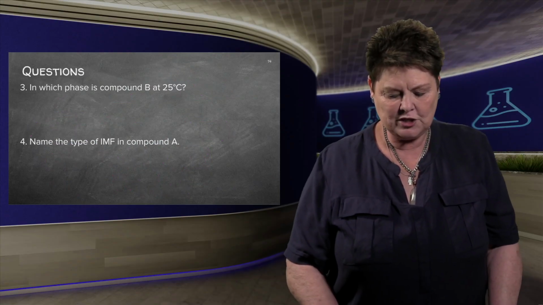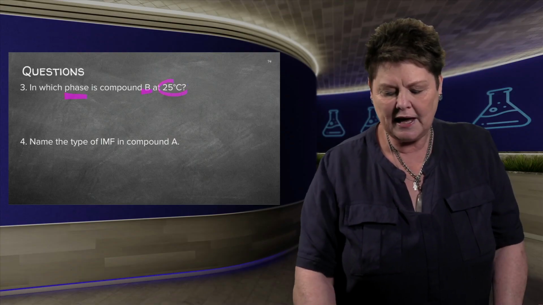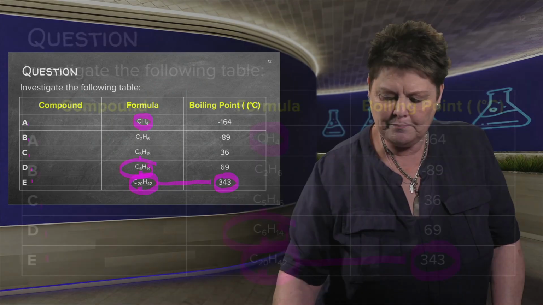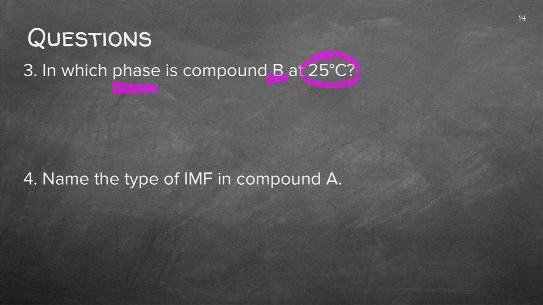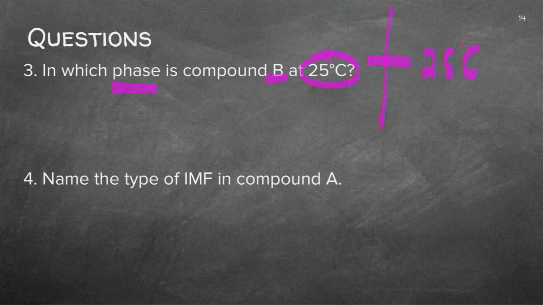What's the next question? In which phase is compound B at 25? Now let's have a look at compound B. Compound B has a boiling point of minus 89. If I've got my thermometer again, at 25, which is room temperature, I need to establish what is happening with B. Well, it is boiling at minus 89.